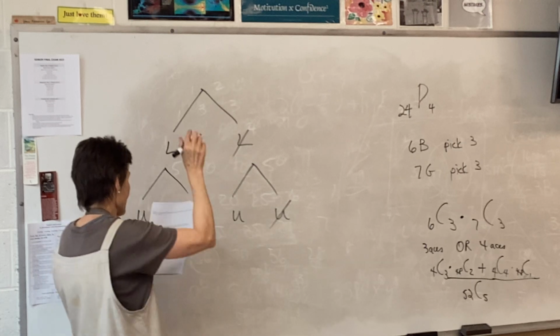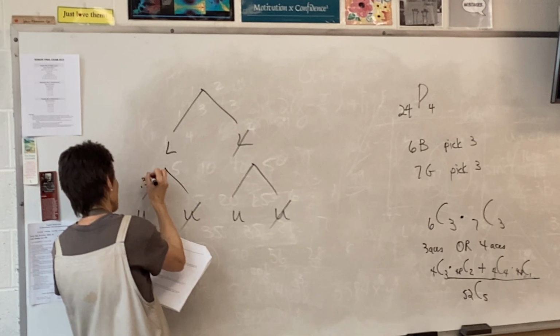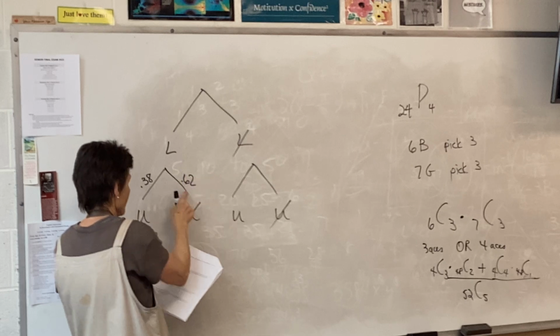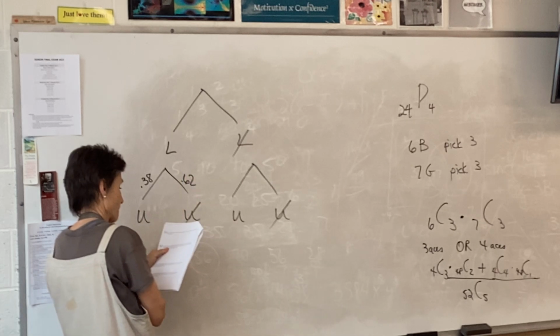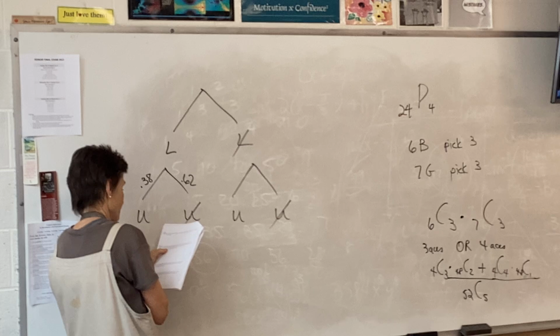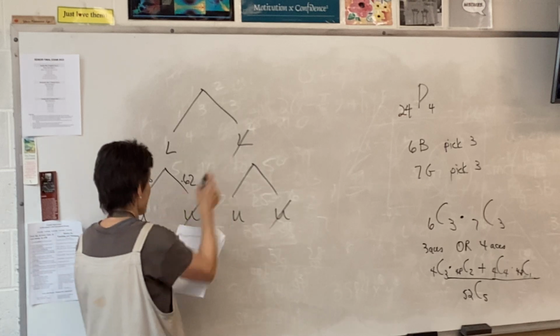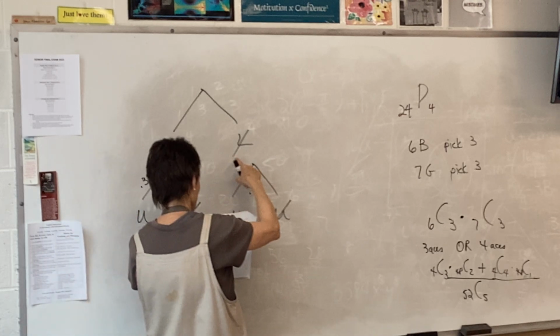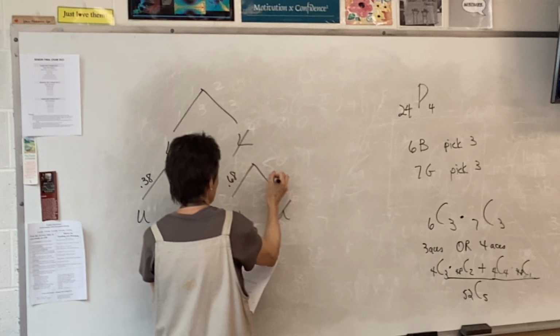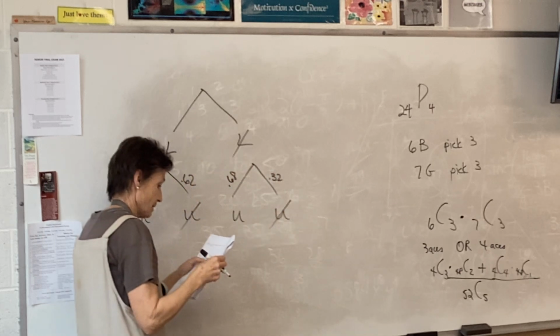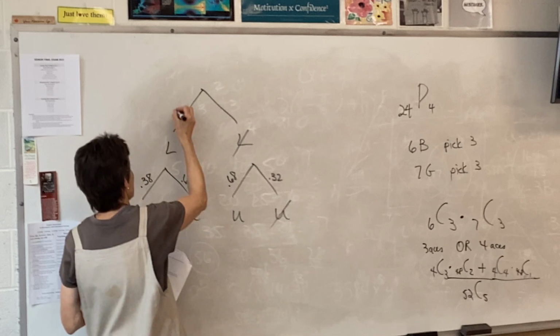If a student is late, the probability he's in uniform is 0.38. So the other one's 0.62. If a student is not late, his probability of uniform is 0.68, and 0.32. 24% of the students are late.